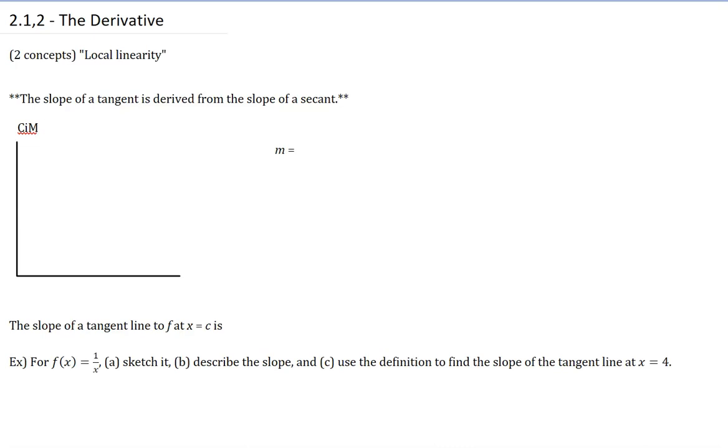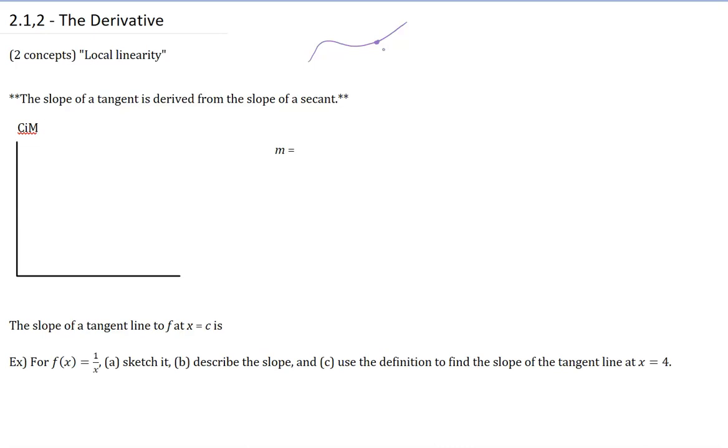But that idea comes from the fact that on some curve, so let's say we have a generic curve, if we have a point, and if we can zoom in close enough on this point, then the curve will appear to be straight on an interval. Okay, and you can try this on a calculator. You could just graph y equals x squared.